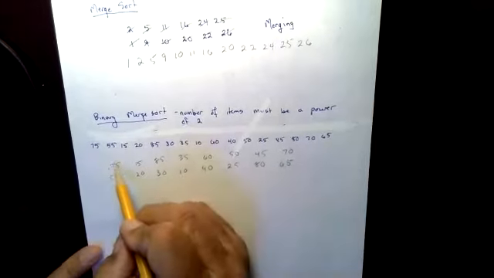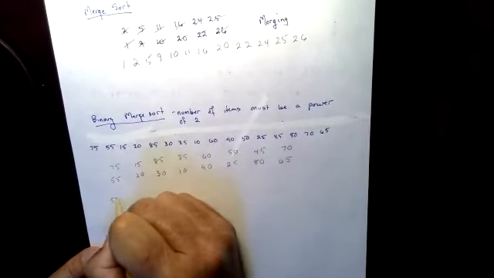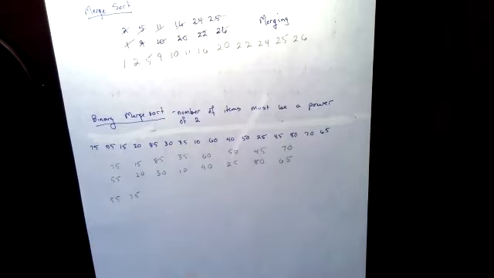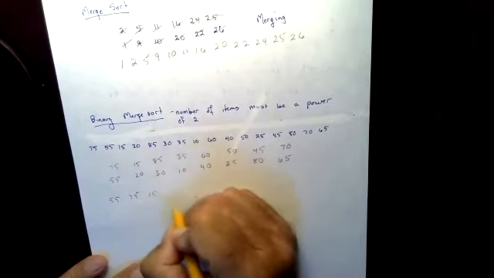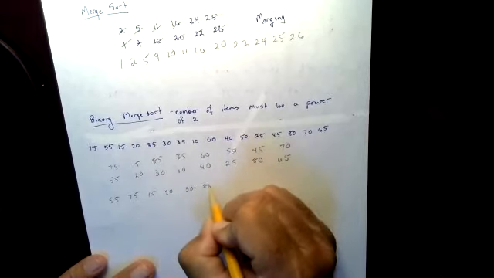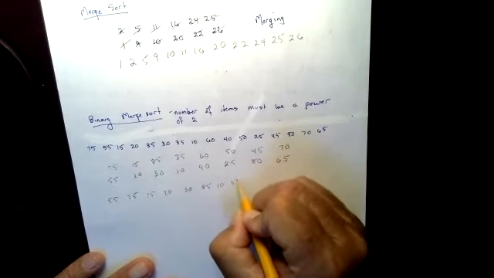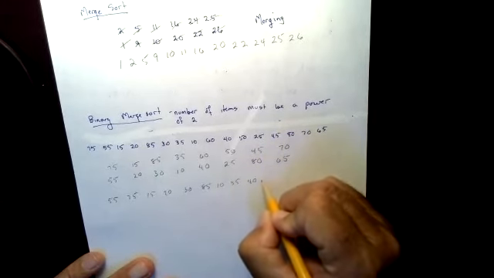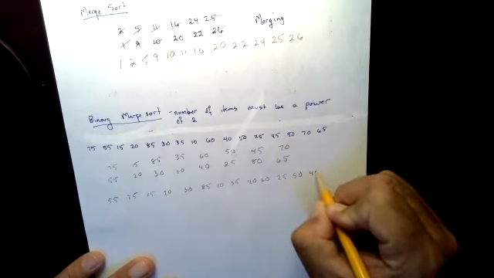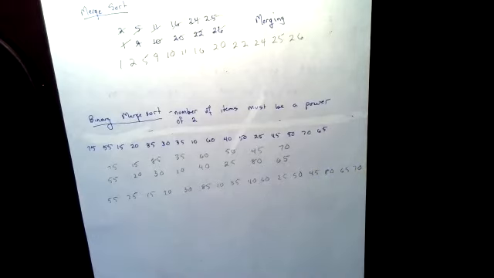So I'm going to take the first one in each and merge it and create a new list. 55, 75, 15, 20, 30, 85, 10, 35, 40, 60, 25, 50, 45, 80, 65, 70.